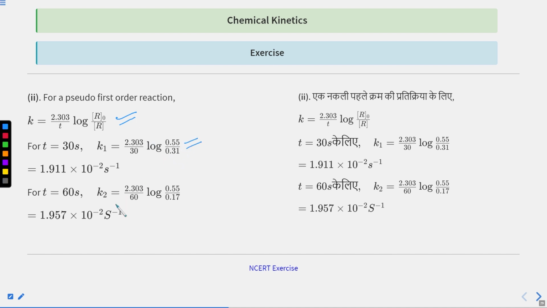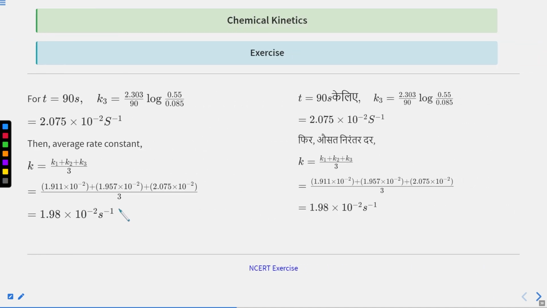We put the values and get the rate constant. Similarly, for 60 seconds we get the rate constant, and we took it up for 90 seconds also. So at 3 instances we get 3 different rate constants. Finally, we take the average of them. So this is your final answer.